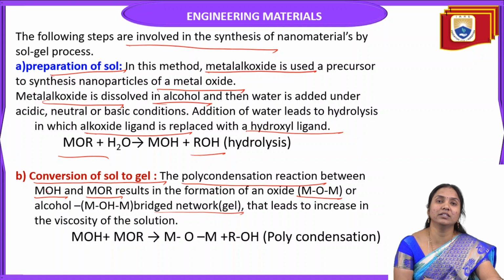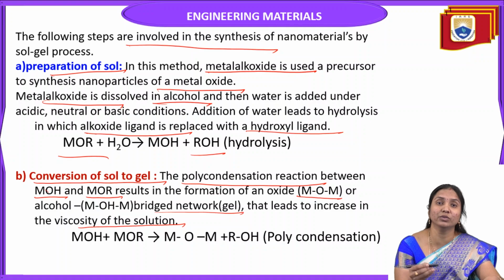So the polycondensation reaction between metal alkoxide and metal hydroxide forms a gel. It converts sol into gel, which leads to an increase in the viscosity of the solution. First, metal alkoxide is dissolved in alcohol and water, forming the sol.